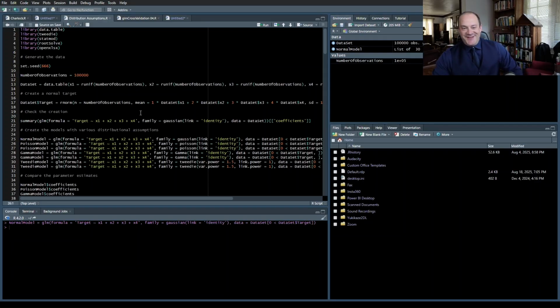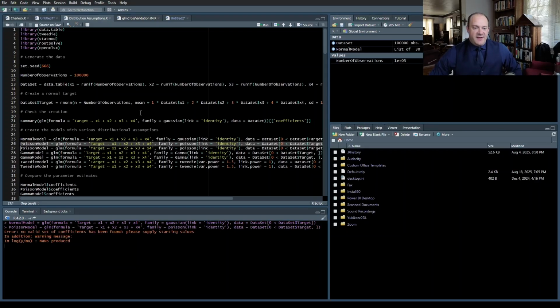Okay, we're going to create a Poisson model instead, and oh crud. All right, so it throws an error. Why does it throw an error? It throws an error because it says, hey, you haven't given me any starting values and I have no idea what to do here. Okay, so what's going on? Well, like we said last time when we were talking about optimization routines, that's from whence these parameter estimates come.